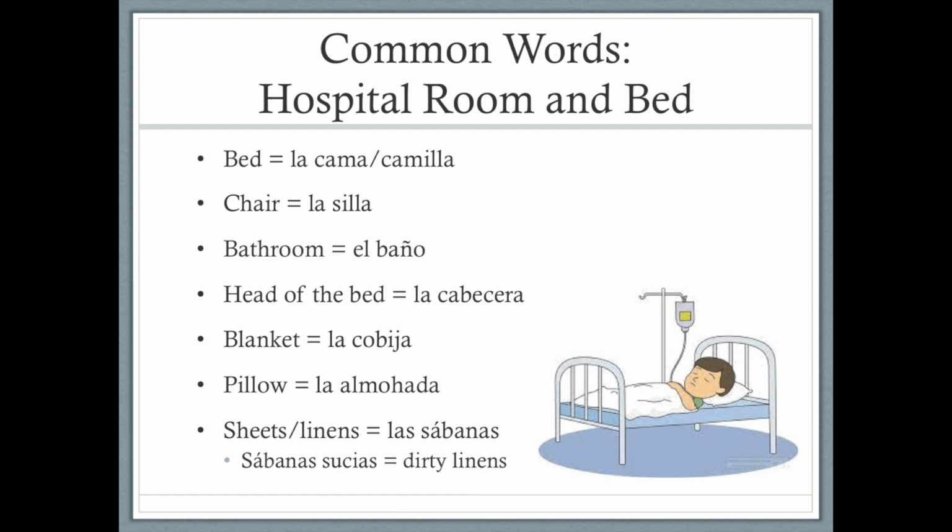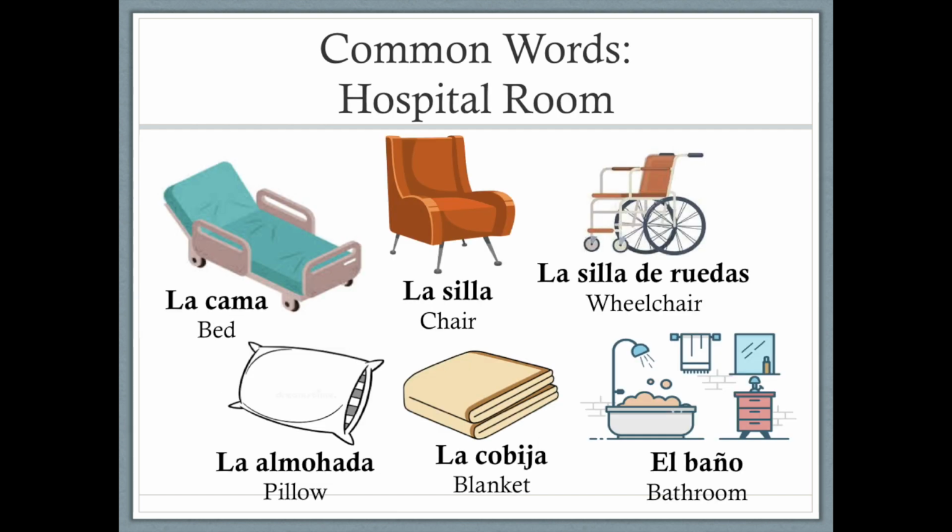So you may hear sábanas sucias, which are dirty linens, or sábanas limpias, which are clean linens. So again, la cama is the bed, la silla is the chair, la silla de ruedas is the wheelchair, and ruedas are wheels, so it literally is the chair of wheels.